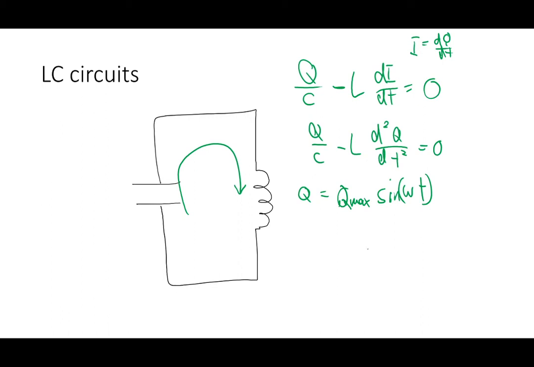There's some initial condition and offset you can put in, but this omega here is given by 1 over the square root of LC. And that's really what we're going to focus on, the oscillation frequency. And then you can apply all the things you learned about harmonic oscillation from 1125 to here.